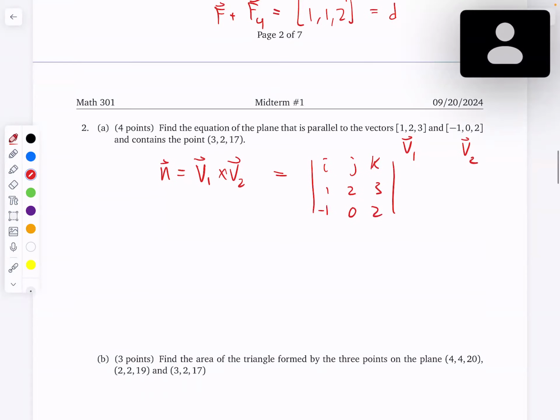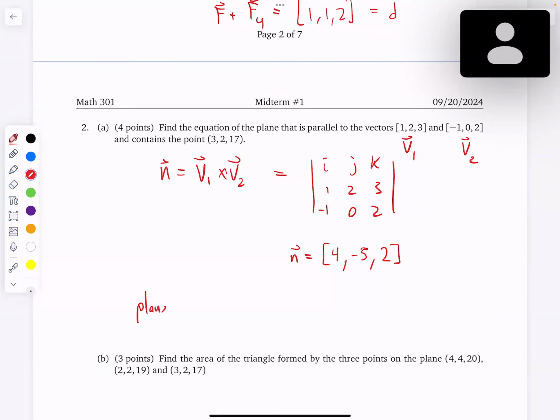You take their cross product, you get 4 minus 0. And then in the j component, you get 2 plus 3, so negative 5. And then the k component, you get 0 plus 2. So 4, negative 5, 2 is our normal vector.